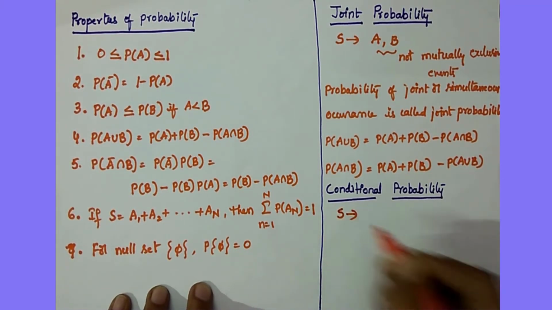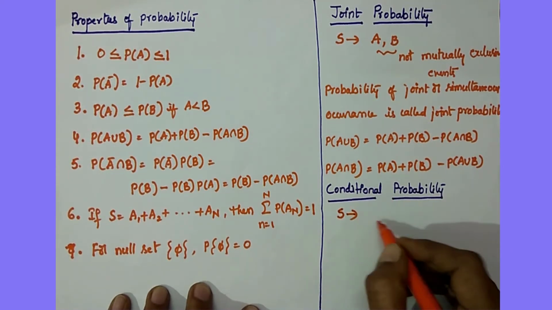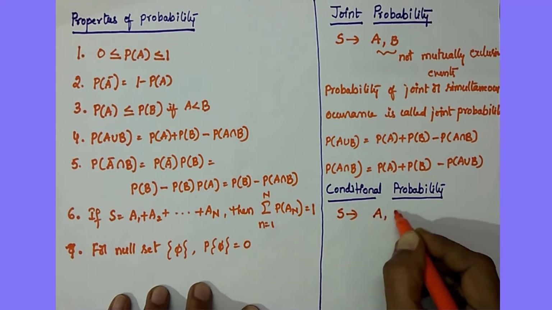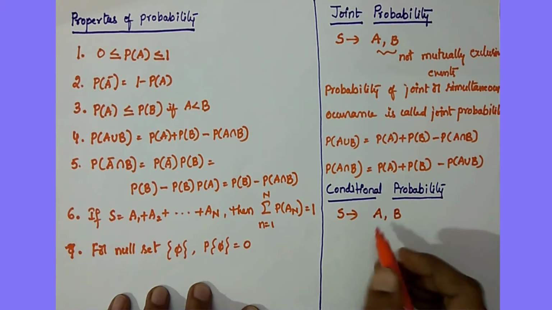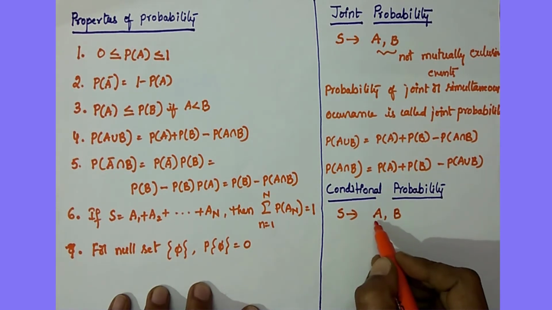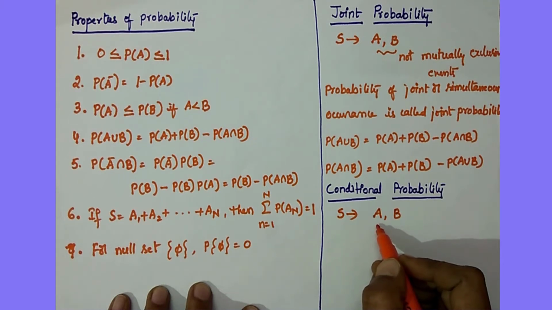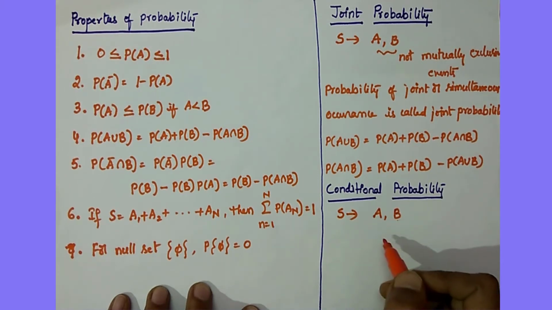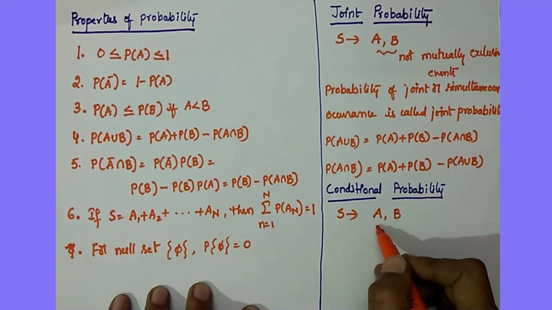Consider again the sample space S, consisting of events A and B. In conditional probability, we can define the probability of A given the event B, meaning the probability of A which depends on B, or the probability of B given the event A, which depends on A. That is also called conditional probability.